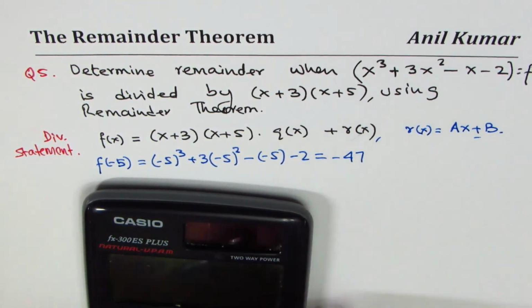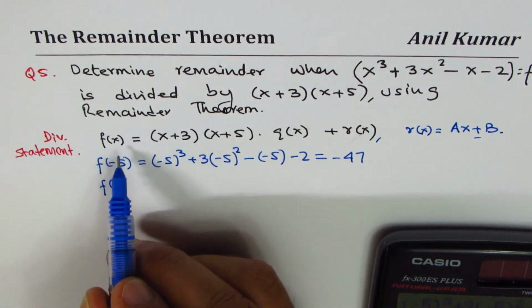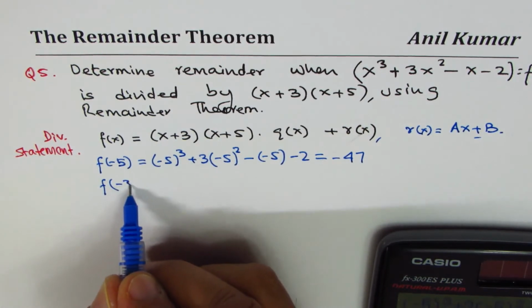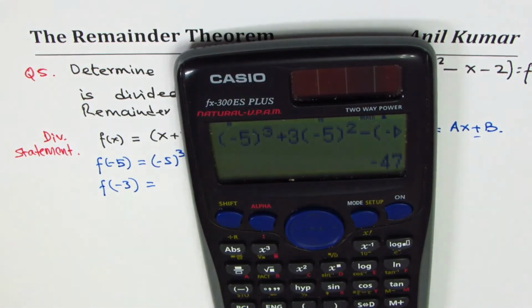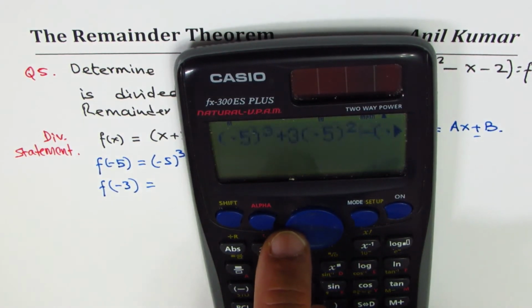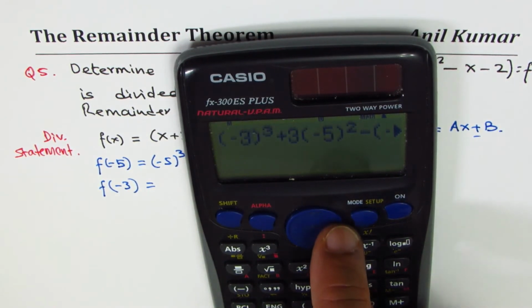Let us also find the value of this polynomial at minus 3. So we'll just change these values to minus 3, same equation, correct? So we say minus 3 and then move forward.